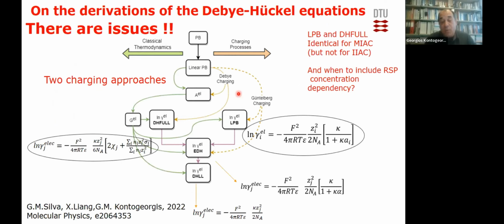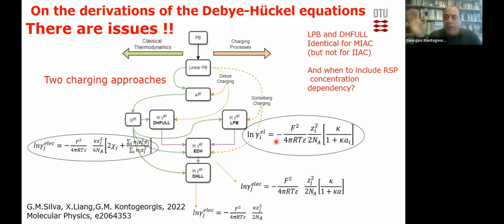But there are more issues on the derivation of the Debye-Hückel equation. Gabriel has also worked on this, and the fact is that there are at least two charging approaches to develop the complete Debye-Hückel equation. The two equations that you see here highlighted are the full Debye-Hückel equation.